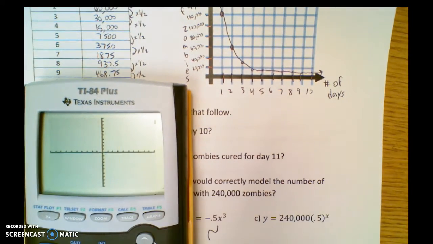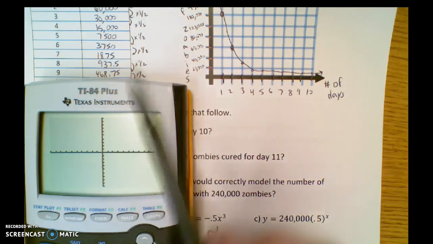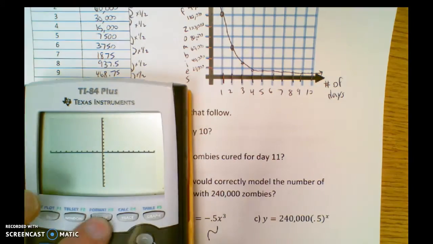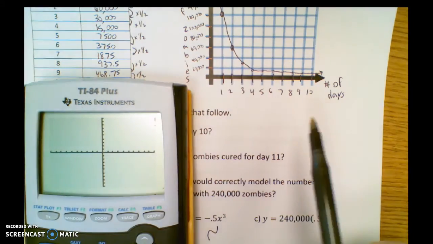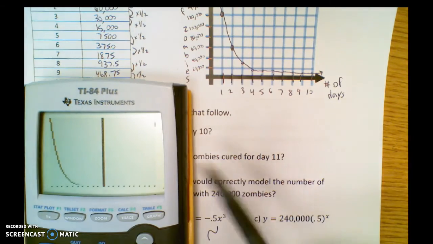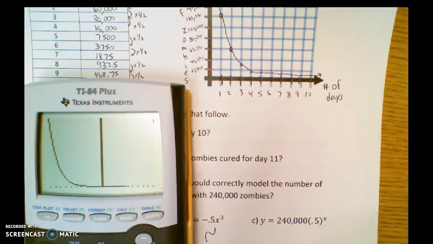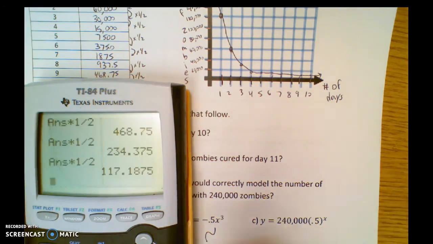And also if you graph it, we're not going to see anything because the numbers are too big, but if you hit zoom fit, which is number 0, you'll see that same type of graph that we were looking at in terms of shape.